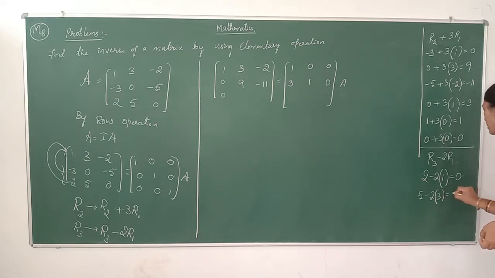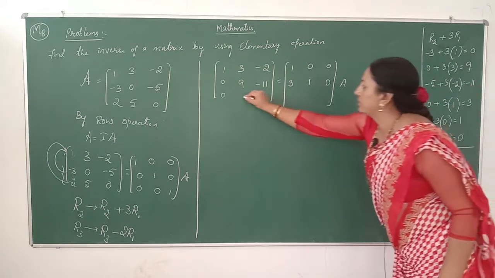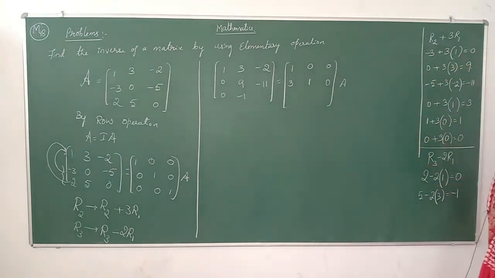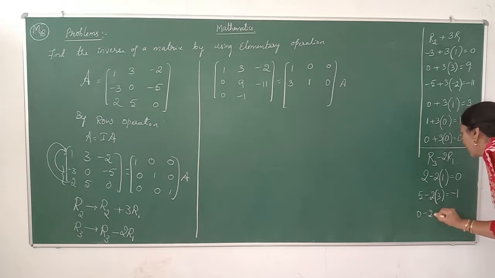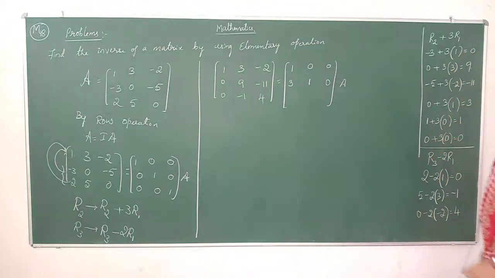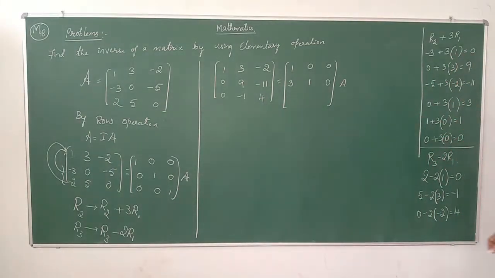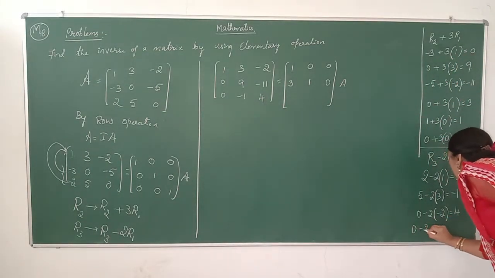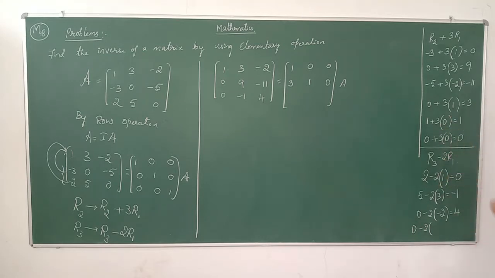So 5 minus 6 is minus 1. Then the last element, R3 is 0 minus 2 times the corresponding R1, which is minus 2. That is minus into minus is plus 4. And in the RHS, R3 is 0 minus 2 times the corresponding R1, which is 1. That will be equal to minus 2.